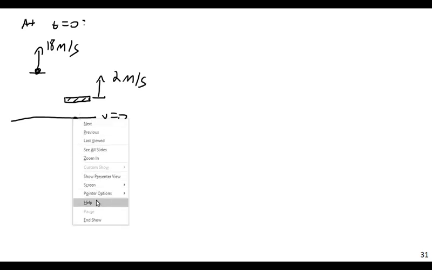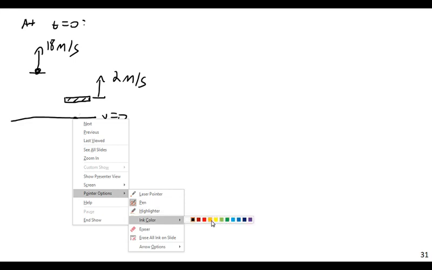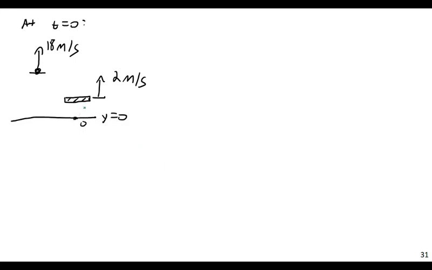The initial height of the ball is 12 meters, and the initial height of the elevator is 5 meters. I didn't draw them directly above each other, but they would be. I just drew them side to side so that you can more clearly see the dimensions. Okay, so we're going to solve that.